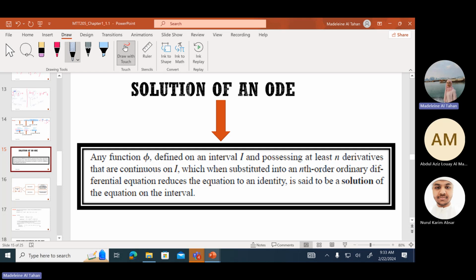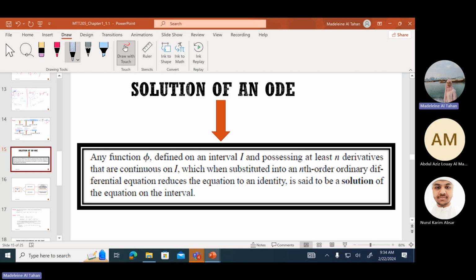So if I'm giving you it, what's easier to do: two pages to solve it, or just to substitute and check left equals right? So what do we mean by a solution of an ODE? If we put this function inside the ODE instead of the variable, and we get left equal right, what can we deduce? It is a solution. It fits the equation. If the left is not equal to the right, what can we deduce? That it's not a solution. Does it make sense, miss?